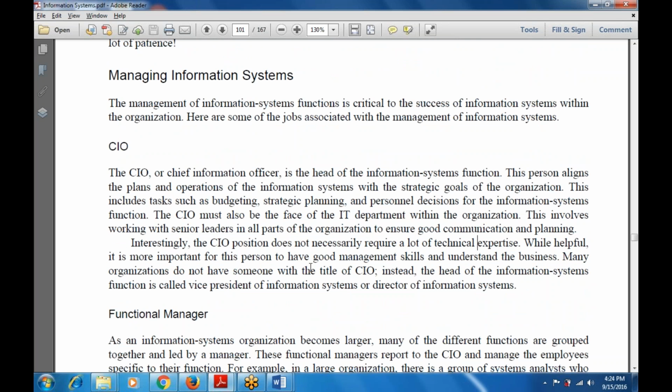While helpful, it is more important for this person to have good communication and management skills and to understand the business, how the business will run. Many organizations do not have someone with the title of CIO. Instead, the head of the information system function is called the vice president of information systems, or the director of information systems.